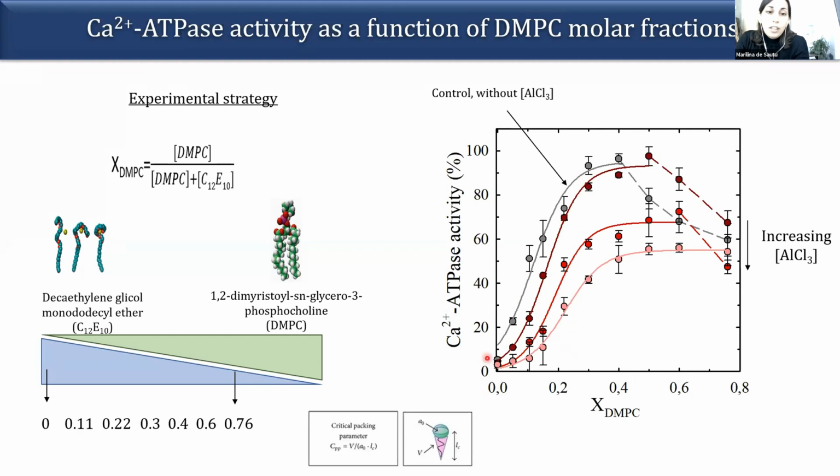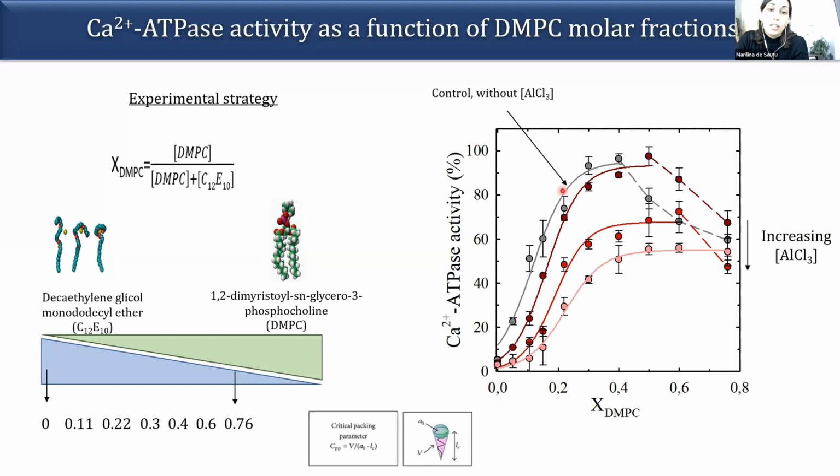We can see here that in absence of aluminum, the protein is inactive in the presence of all detergent. As we increase the lipid concentration, the lipids can intercalate in the hydrophobic part of the protein, and the activity increases. And then after a molar fraction of 0.4, the activity started to decrease.